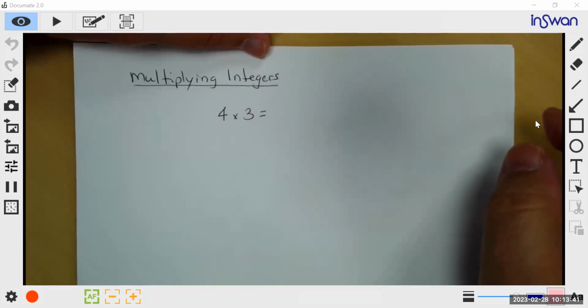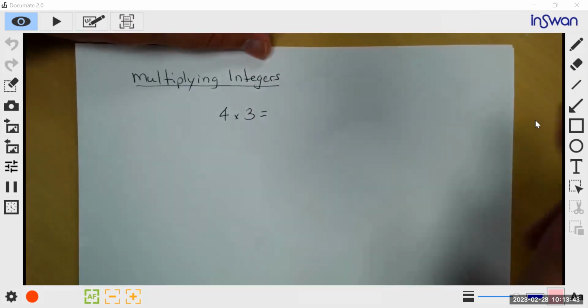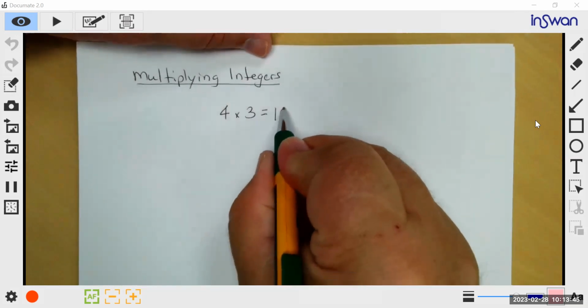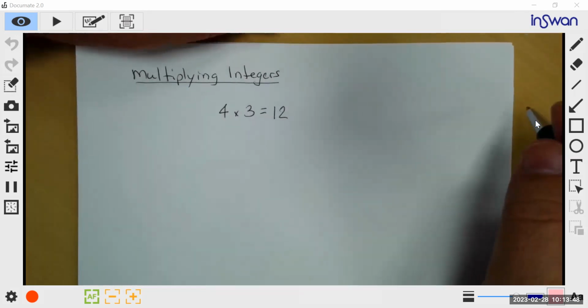Four times three. This is where students start getting derailed.